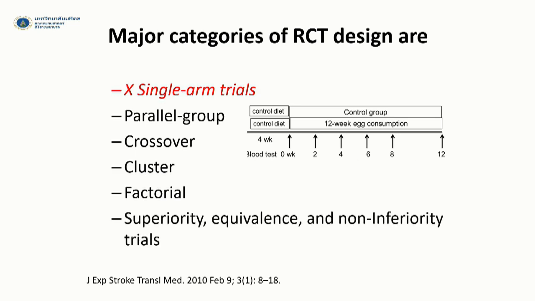And sometimes you see superiority design, equivalent design, and non-inferiority design. In this case, we compare between medications. You want to see if the new medication is far better than the previous medication, or worse than the previous medication.